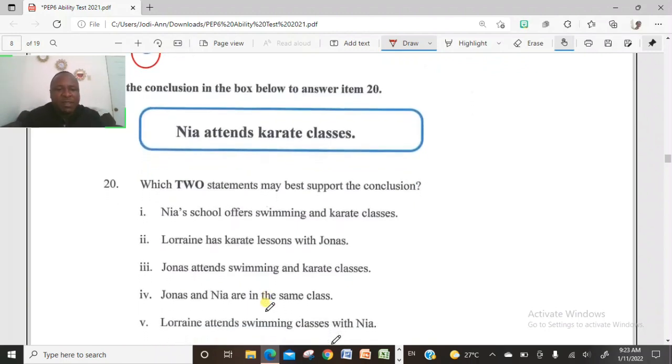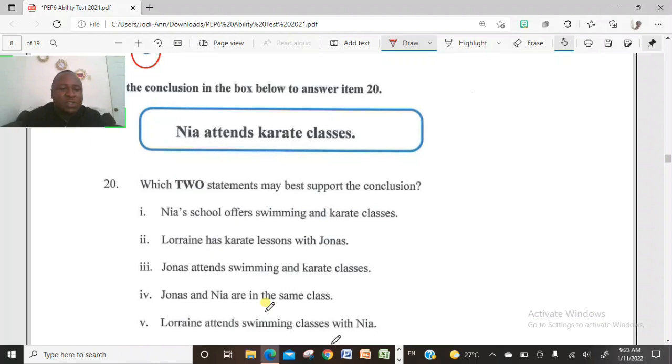So we have Nia's school offers swimming and karate class. Well, that may support that she goes to karate class. But let us read. We have Lorraine has karate lessons with Jonas. Then Jonas attends swimming and karate classes.